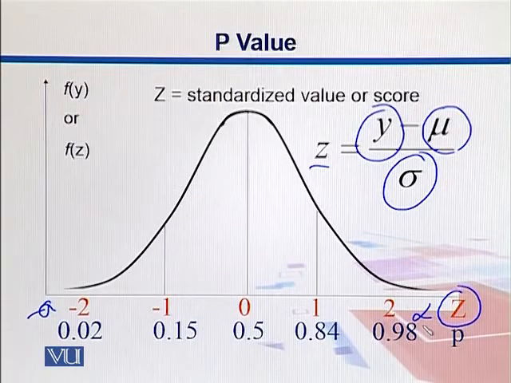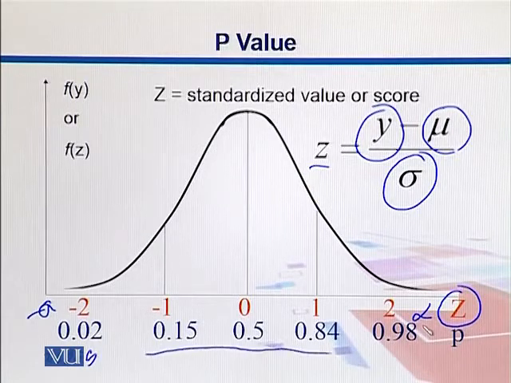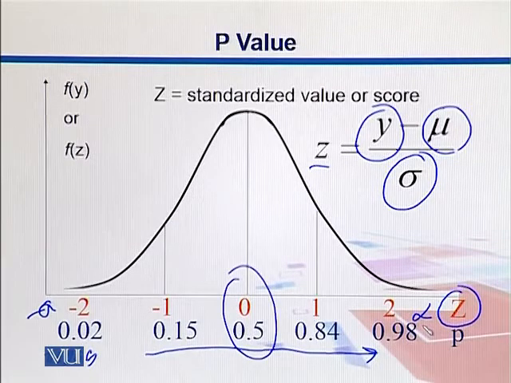The values under this curve have some probabilities associated with them. The probability of finding values towards this side is small, and it keeps on increasing as we move towards this side. The probability of finding any number up to the middle is 50% or 0.5, and up to the far end is 1. So probabilities range from 0 to 1.